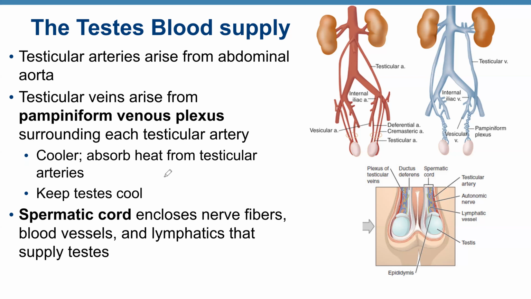Then we have a structure called the spermatic cord. So here's a spermatic cord that encloses nerve fibers, blood vessels, and lymphatics that supply the testis. Inside this spermatic cord, you will have blood vessels, nerves, lymphatics, but also a structure called the ductus deferens.